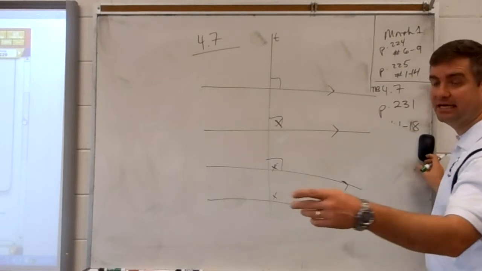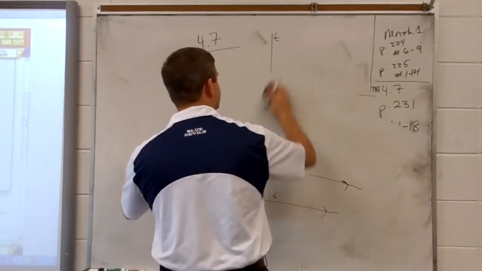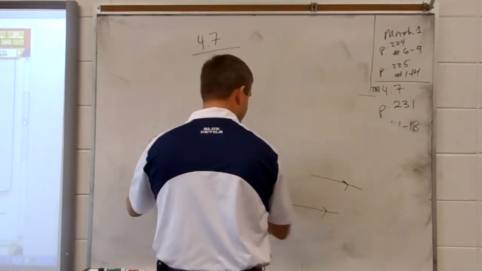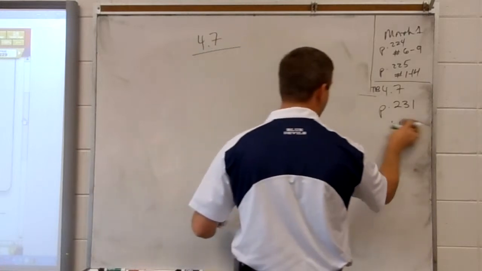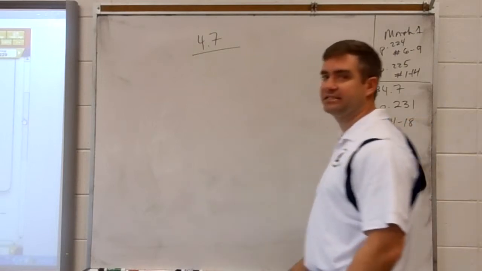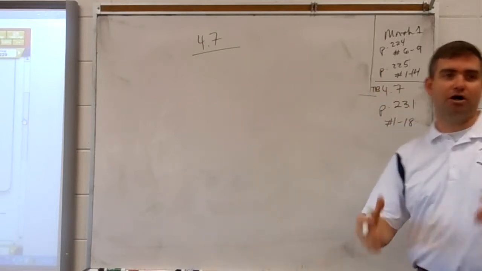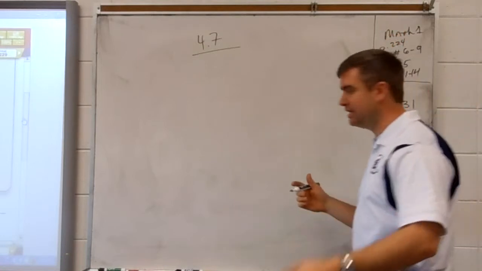All right, read the last one for me, Chester. In a plane, if two lines are perpendicular to the same line. All right, stop right there. In a plane, what does that mean? That's geometry talk for what? On your paper, on your desk, on the whiteboard, on the smartboard, on a flat surface. Okay, read it again.